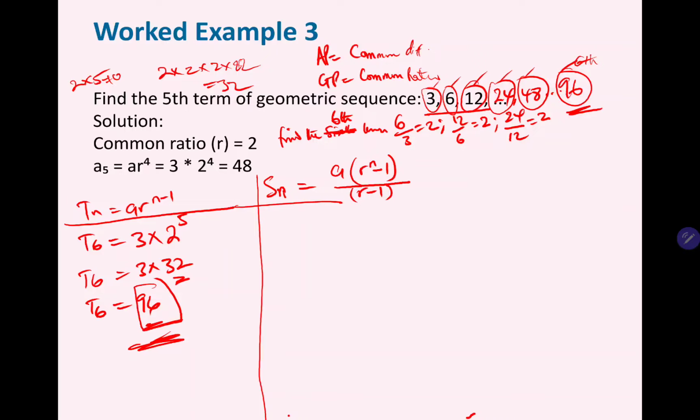Yes, let's apply this and see if it's correct.